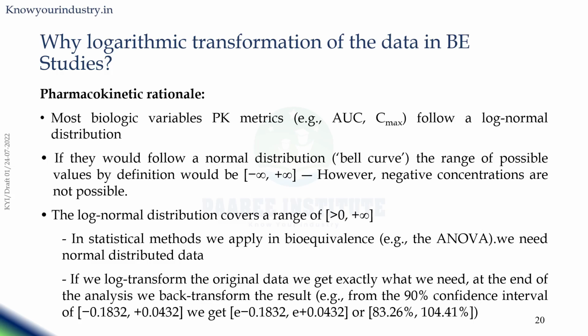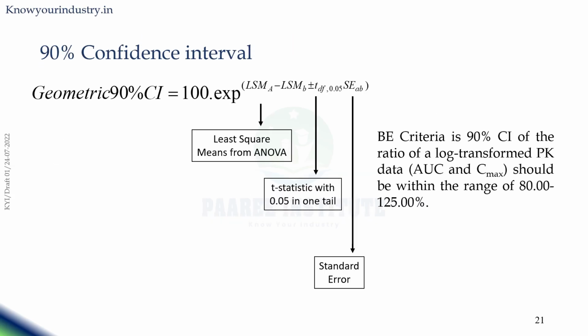Once we back transform that, we get the values of 83.26% and 104.41%. The 90% confidence interval is calculated by using this formula, and it uses the least square means from the ANOVA and the t-test statistic with the 0.05 level and the standard error observed in the data.